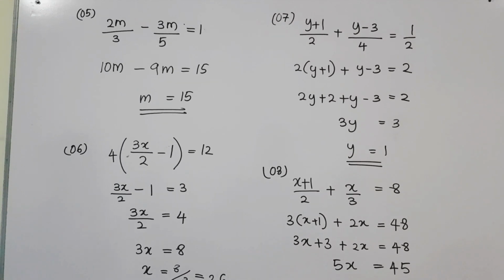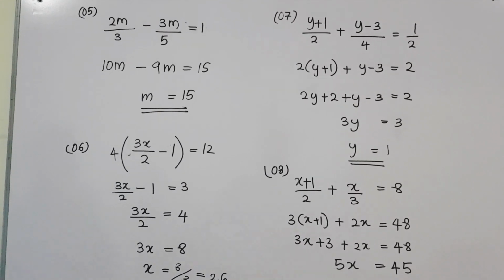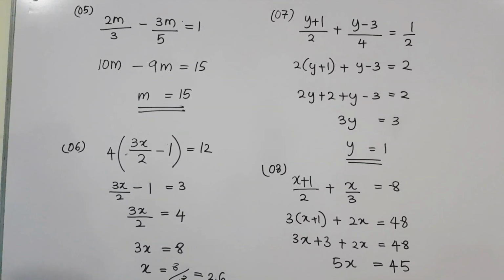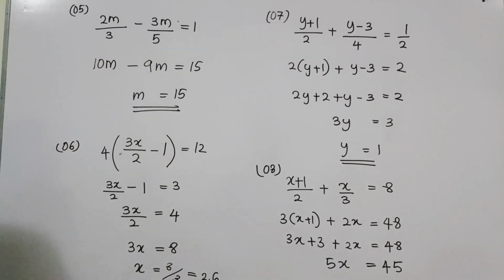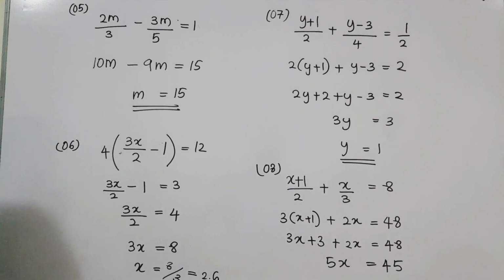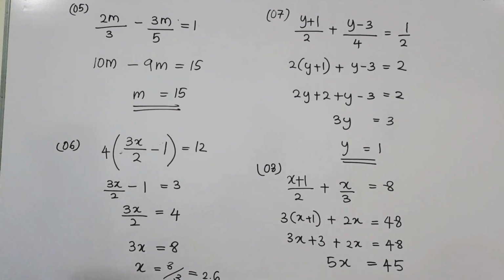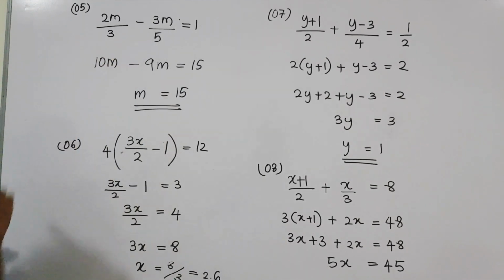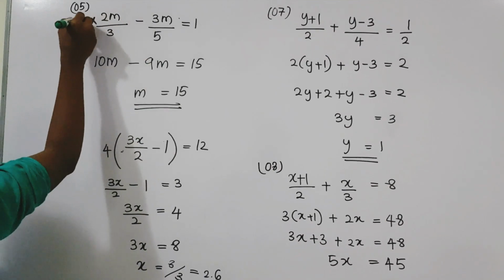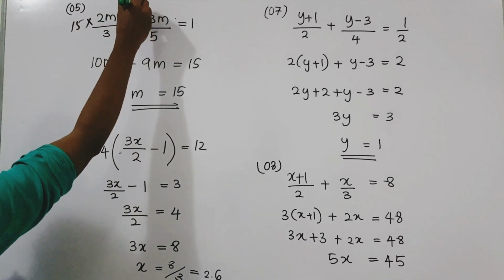Now let's move on to question number 5. In that, as I explained in the previous video, we can see there are 2 fractions. When there are 2 fractions, I told you to check the LCM and multiply everybody with the LCM. In that case, 3 and 5, what is the LCM of 3 and 5? It is 15. So we multiply everybody with 15.